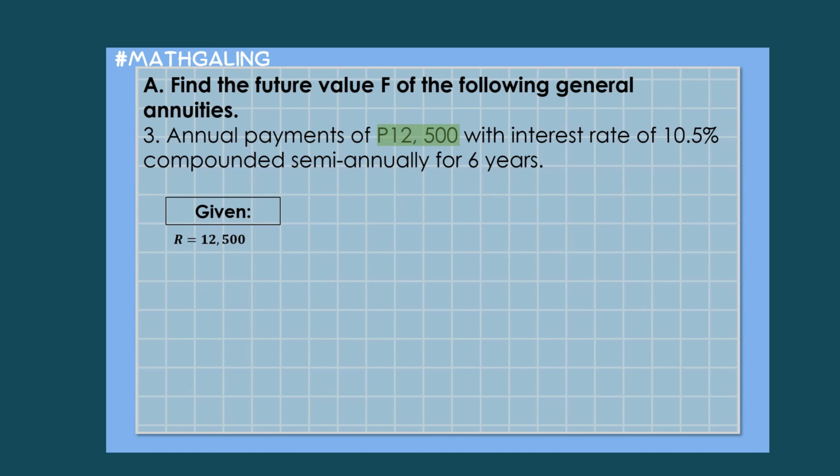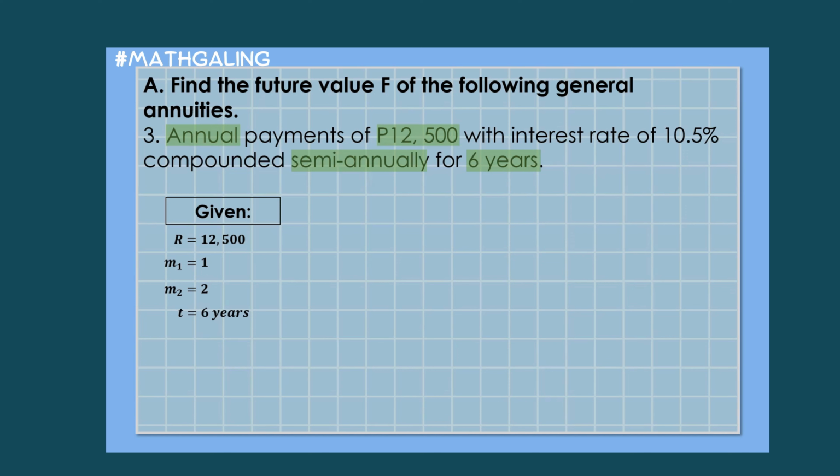And since the M sub 1, or the payment interval, is annually, it is equal to 1. And our M sub 2, or the compounding period, is semi-annually, so it is equal to 2. Our time, or the term of annuity, is 6 years.